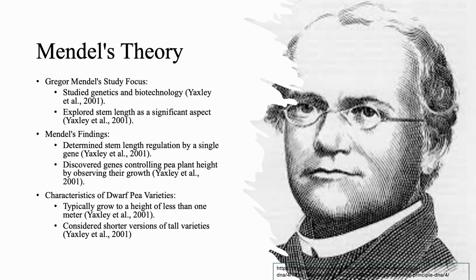He discovered this by examining how tall the plants grew, experimenting on different varieties like the dwarf, Little Marvel, and the normal variety, which we call Anderson. Dwarf pea varieties often grow to a height of less than 1 meter. They are essentially shorter versions of the normal or tall varieties.